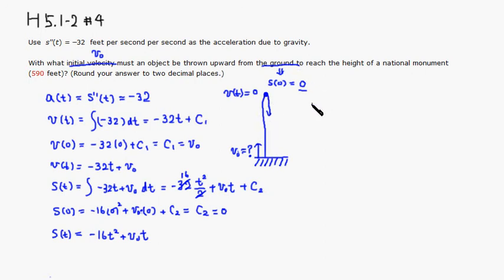So let's set the velocity equal to 0: negative 32t plus v0 equals 0. Subtract v0 from both sides, so negative 32t is equal to negative v0. Then divide through by negative 32 to get t equal to v0 over 32.